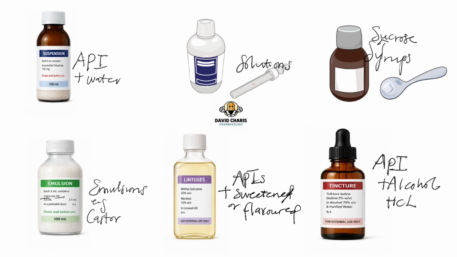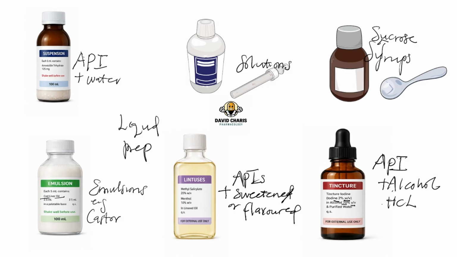Here we can see an example is the iodine tincture. We have 2% weight by volume of iodine being dissolved in 70% volume by volume of alcohol and purified water. Most times you use alcohol, sometimes we use hydrochloric acid. Now, these are drugs that exist in this dosage form, liquid preparation or solid preparation, that are given orally.